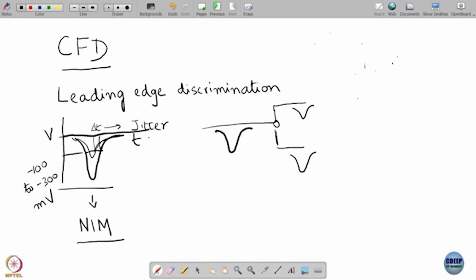Alright. Next what we do is, let us say I invert this pulse. Inversion using transistors and all is very easy in electronics, and let us say to this one I give some time delay, which means I use a longer wire. Now what will happen?